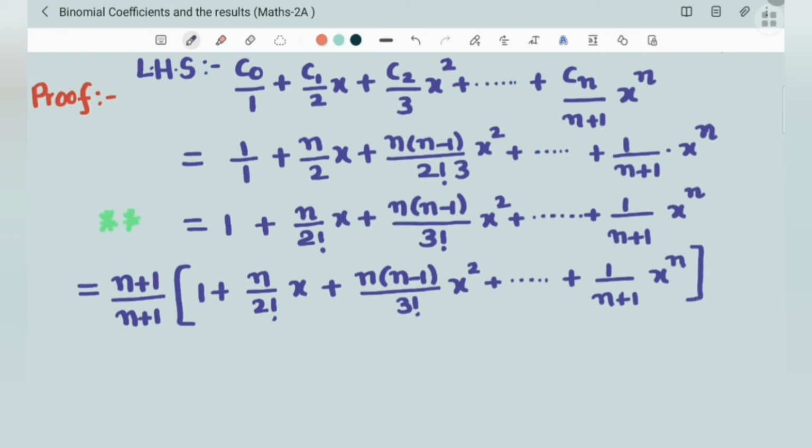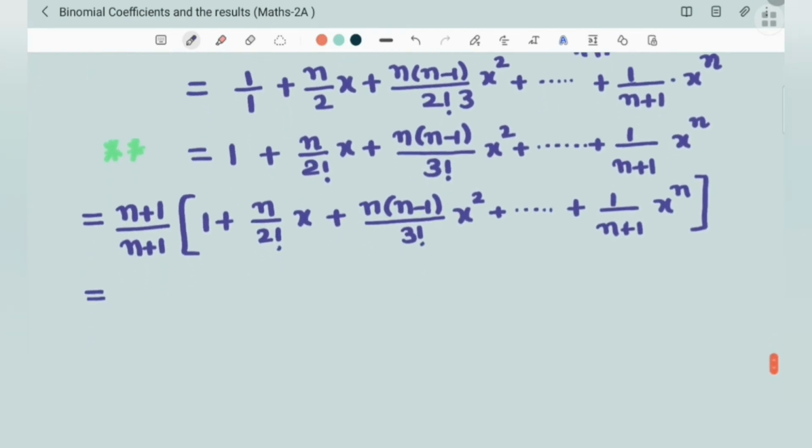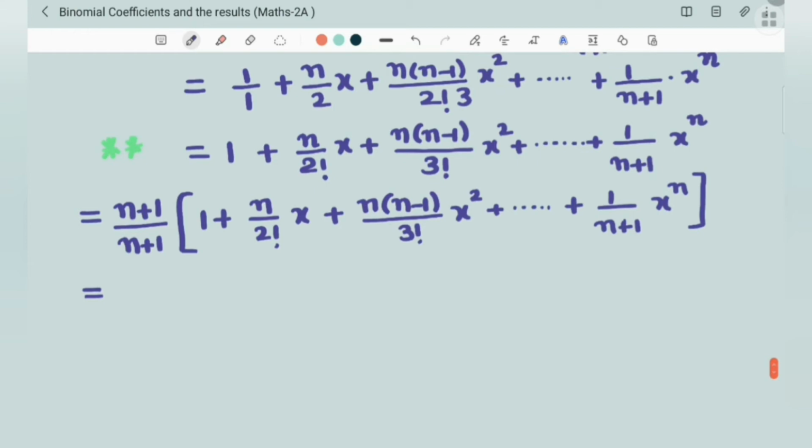After that, the immediate step is that the denominator n plus 1 we are keeping like this only. The numerator n plus 1 we are multiplying in the bracket with each and every term. So 1 by n plus 1, the numerator n plus 1 we are multiplying with each and every term of the bracket value.